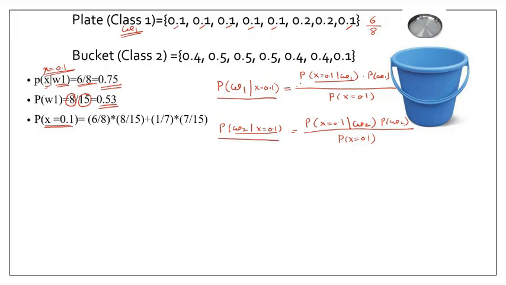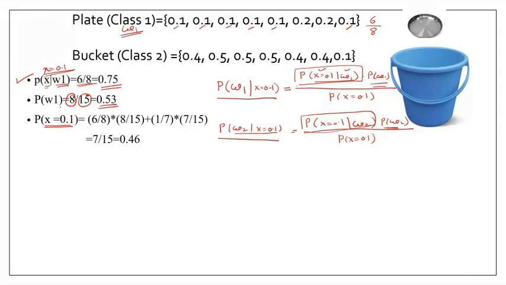To do that, I need to find this out from the likelihood and these priors. Okay, then I can take a decision. So here we have computed probability of x given omega 1, which is 0.75.